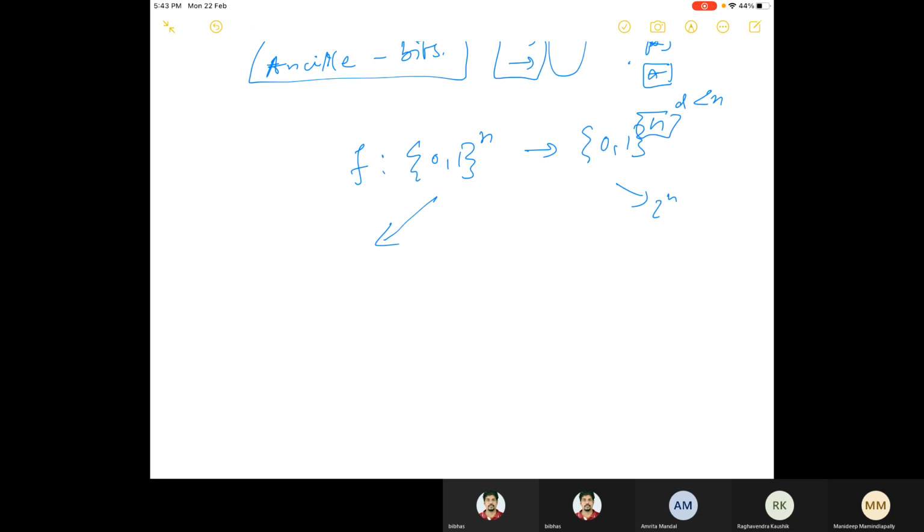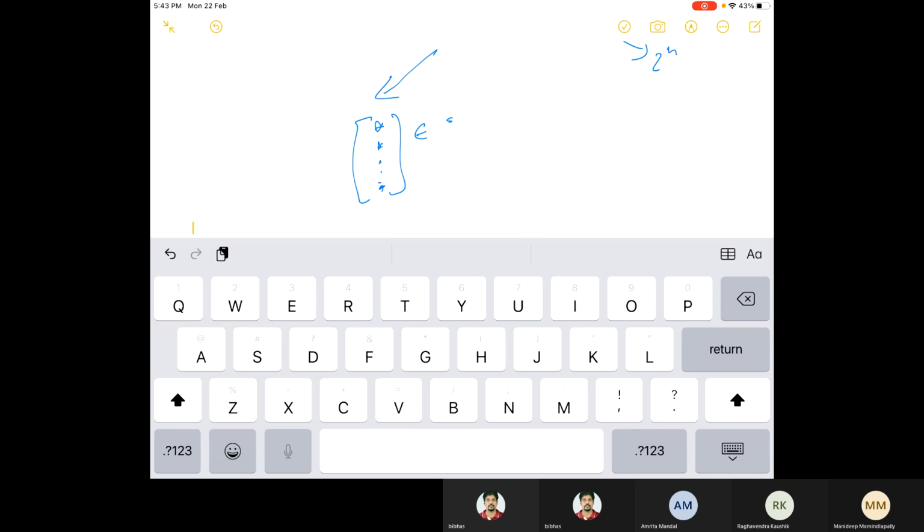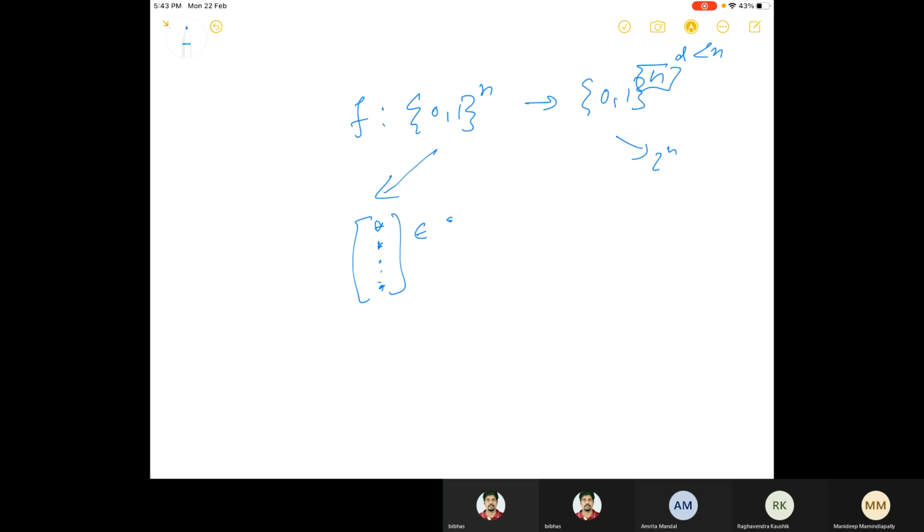Each input I can interpret as a vector with n entries, all entries in {0,1}. So it is in {0,1}^n, of course of dimension n cross 1.